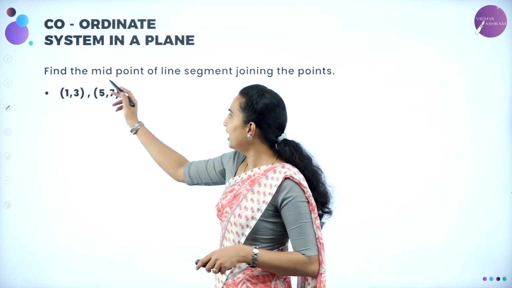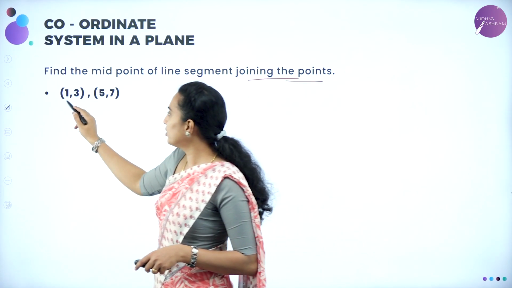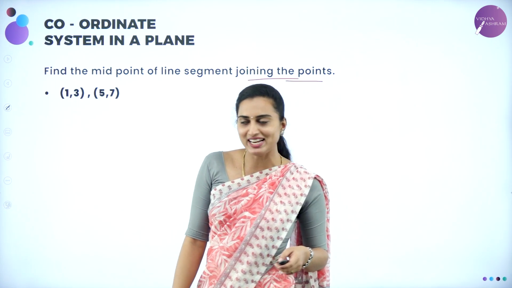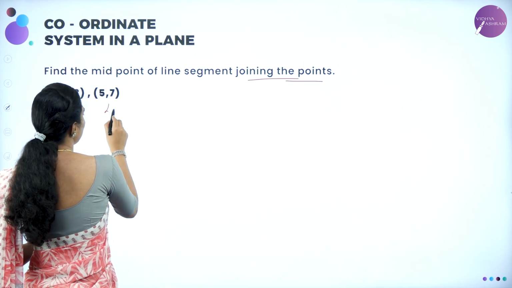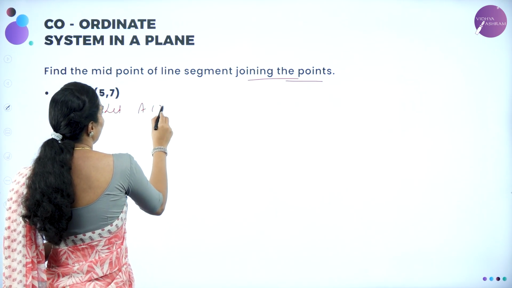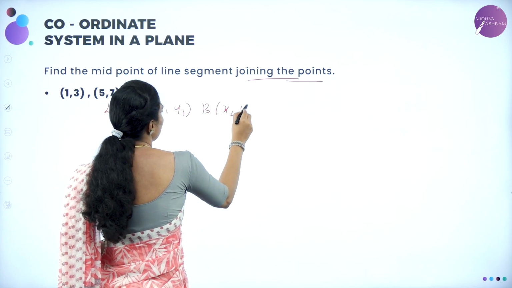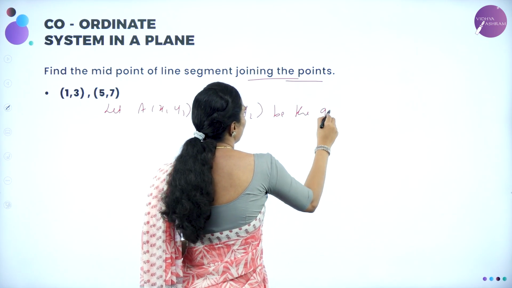Find the midpoint of the line segment joining the points 1, 3 and then 5, 7. What is the midpoint formula given by, dears? Let A of x1, y1, B of x2, y2 be the given points.